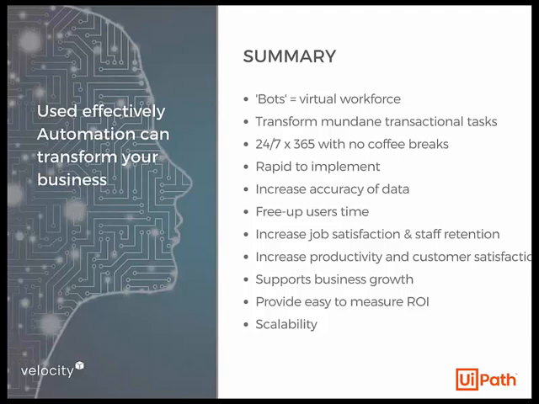The other issue that this client in particular had was the actual accuracy of the data. Because they had a human operative going through those 5,000 records, what they tended to find is that, having done a number of records and getting towards the end of the day, the accuracy of the recording of the data tended to drop off.